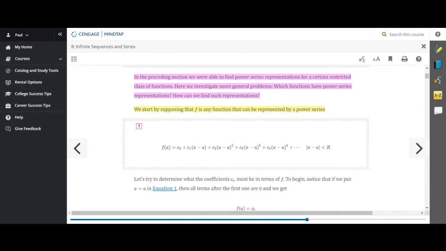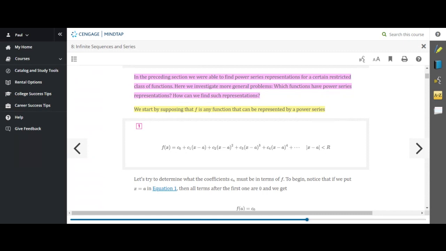Now this approach that we're doing is named after the mathematician Brook Taylor, who lived from 1685 to 1731. The idea of taking a function and being able to represent it as a power series has been in mathematics for a long time, and there are very good reasons why mathematicians wanted to be able to do this.